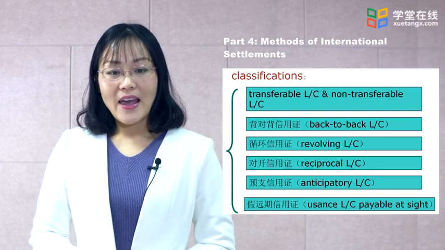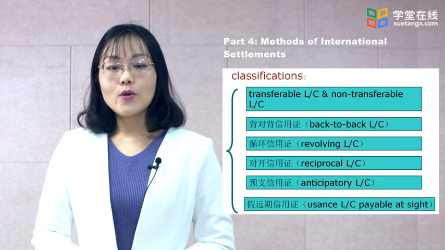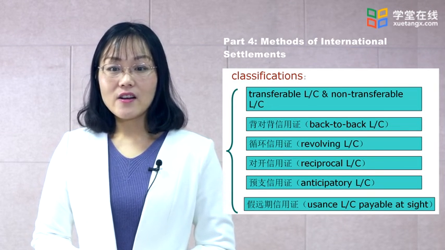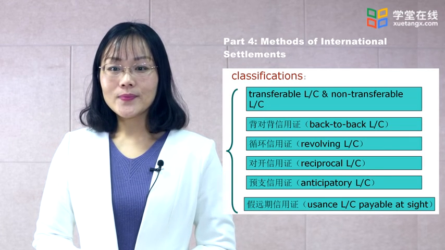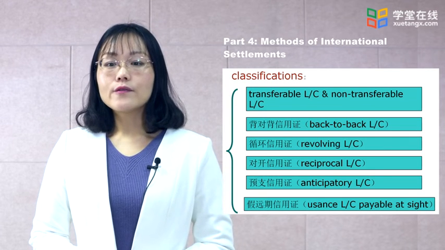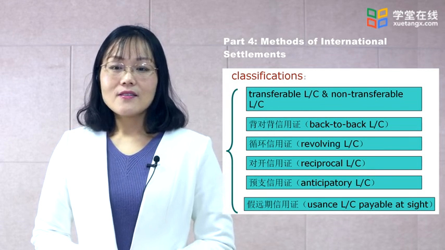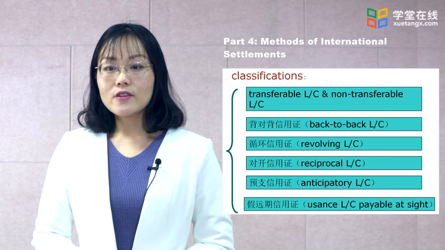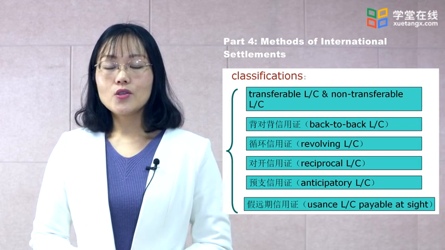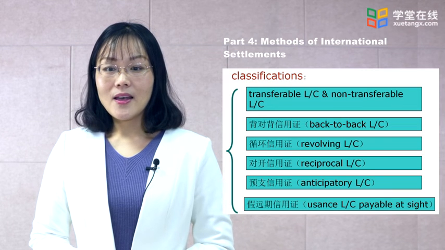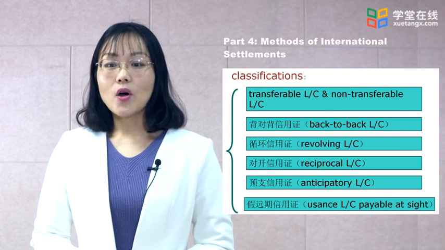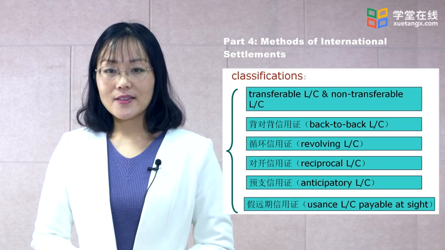While the applicant makes reimbursement to the issuing bank when the tenor of the draft is due. Therefore, this credit is a kind of finance offered by the issuing bank to the applicant, and the interest thereof is normally borne by the applicant.